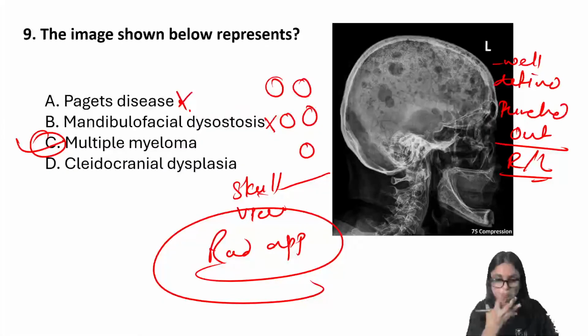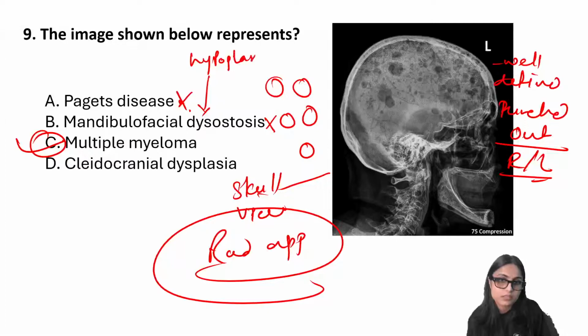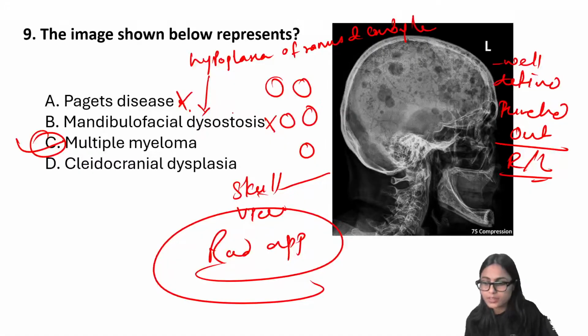Bird-like face, and the radiographic feature, you see hypoplasia of ramus and condyle. Not that prominent a radiographic feature is seen in Treacher Collins.